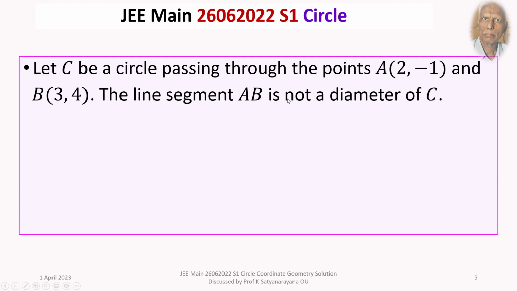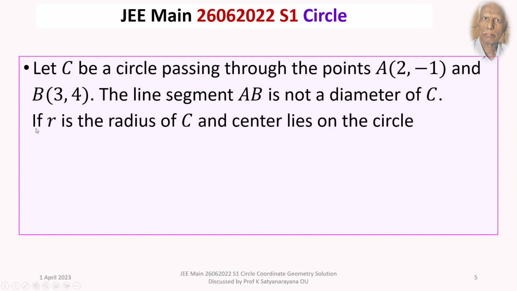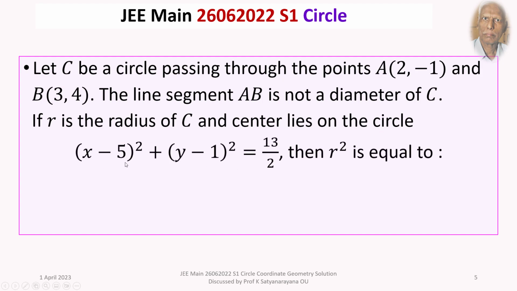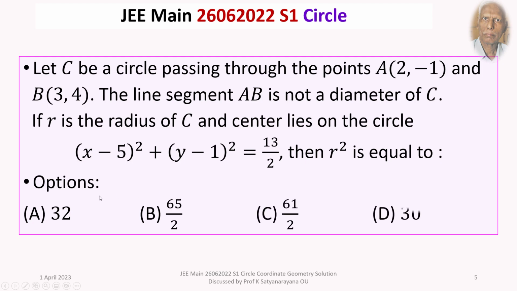The line segment AB is not a diameter of C. If R is the radius of the circle C and its center lies on the circle (x - 5)² + (y - 1)² = 13/2, then R² is equal to, we are given 4 options. Option A 32, option B 65 by 2, option C 61 by 2, option D 30.